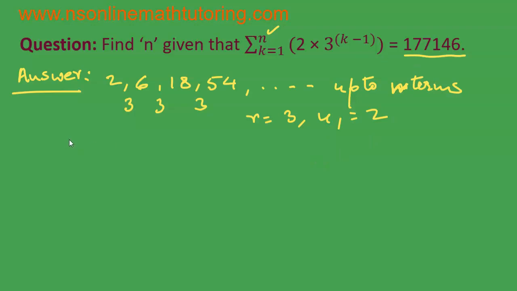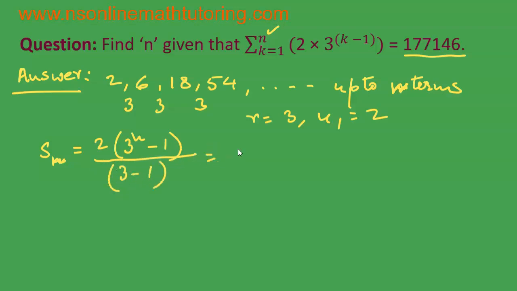And we have to find the value of n. So again we will be using the geometric series formula. So Sn is equal to u1, u1 is 2, and since r is more than 1, I am taking this formula: 3 to the power of n minus 1 over 3 minus 1.